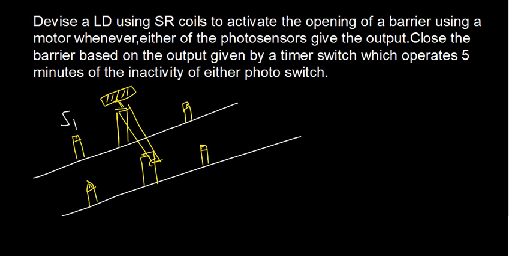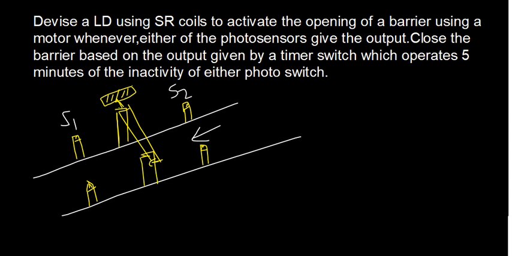Devise a ladder diagram using SR coils to activate the opening of the barrier using a motor whenever either of the photosensors give the output. So that means whenever a person or vehicle comes here, your barrier should get opened, or whenever the person or vehicle comes from this side, your barrier should get opened, okay?